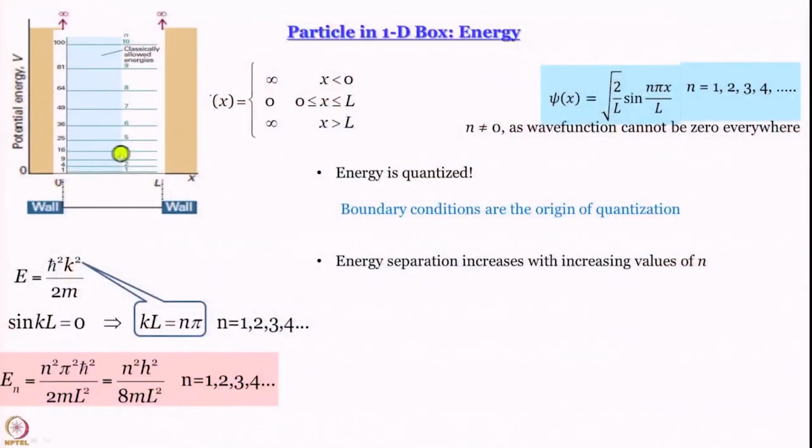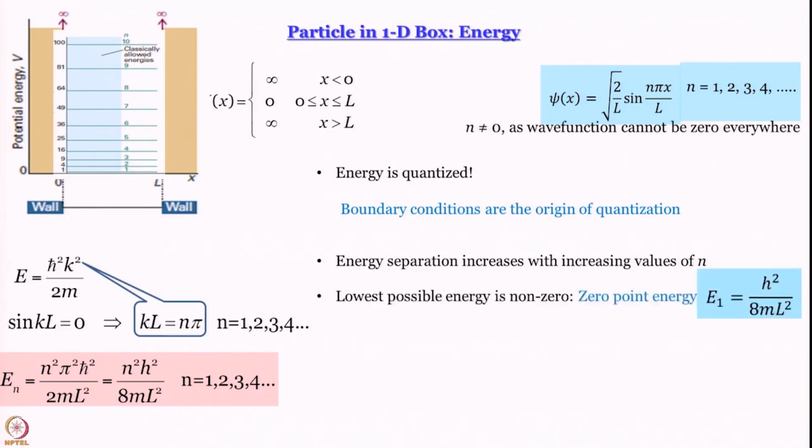What we see in particle in a box is that, look at the energy ladder, the separation in energies increases as you go higher and higher up. That is one thing.